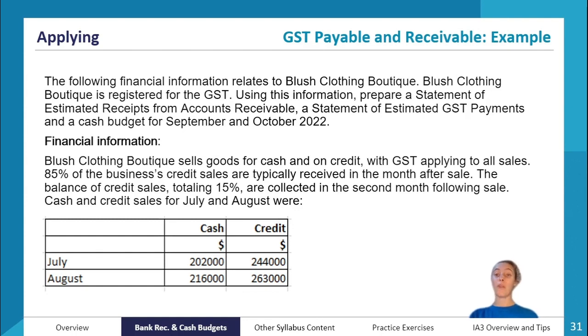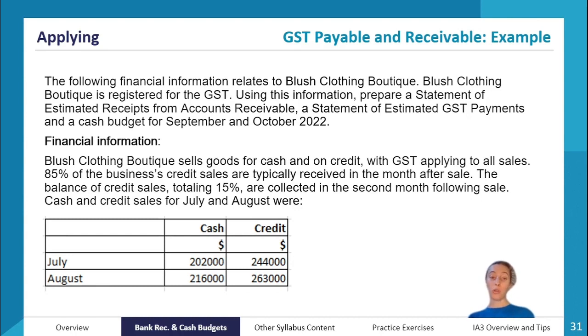We were told 85% is a month after sales. So when it says the balance, it means how do you get from 85% to 100 to make it balanced? And in this case, it's 15% to get that equal. So 15% are collected in the second month following sale.